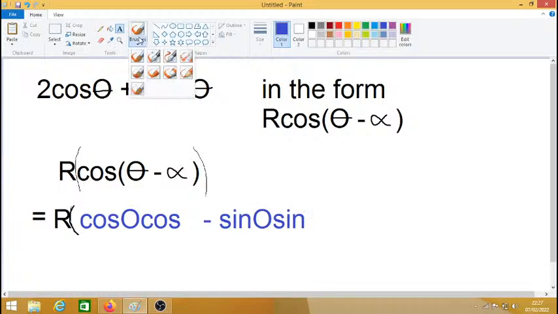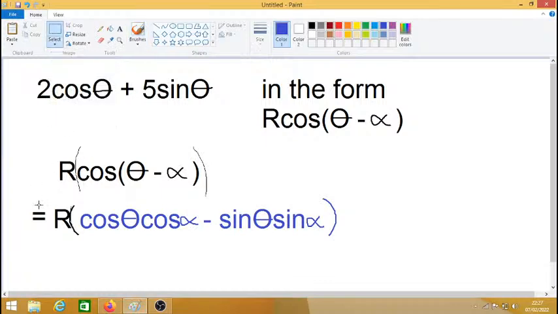So I'll put in a couple of blanks there. Let me fill them in now. Cos theta cos alpha minus sine theta sine alpha. Once you got that identity right, then you just want to multiply out the r at the beginning.